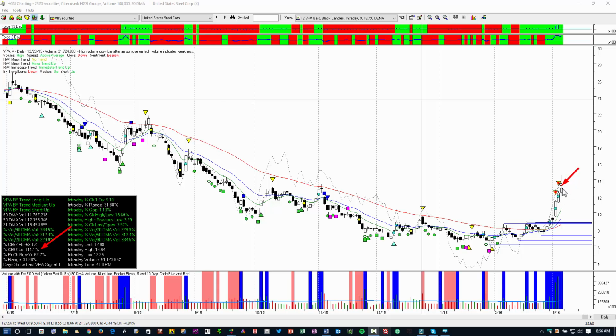These are strong hands here, and then the big gains have been made, so they're starting to sell it to the weak hands. Why is this weak? Because of this long upper wick. That tells us that there is a transfer from strength to weakness. This is a very, very weak candle.